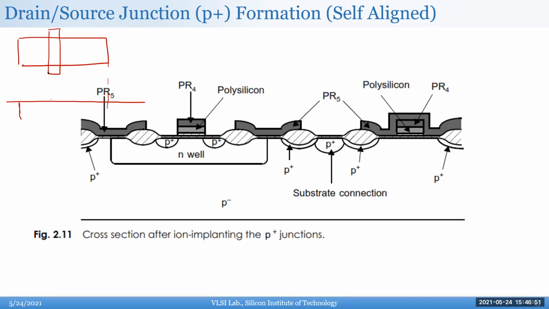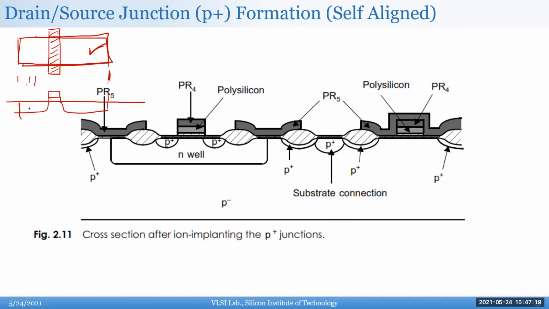You first do a thin oxide here using this mask, right? Using the gate mask, you do thin oxide. Using that gate mask, you do poly, right? So you're still using this mask. And then you use this entire diffusion mask, which is this whole area. That will bombard the whole thing and it will create the source and drain.